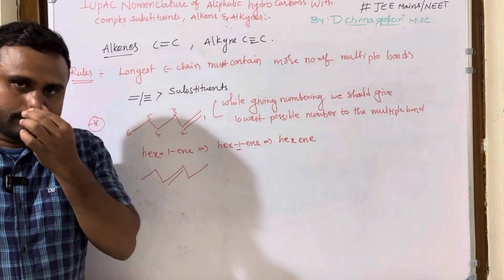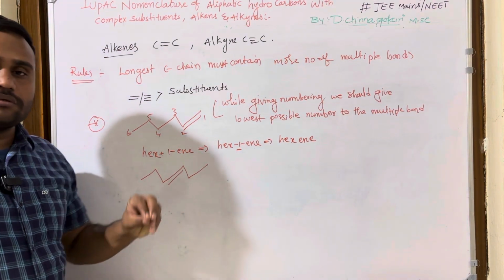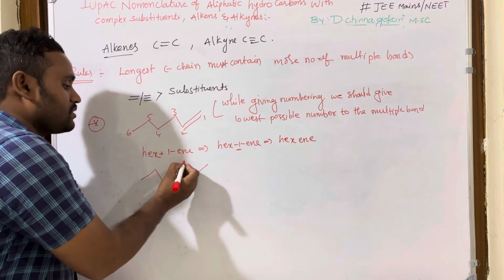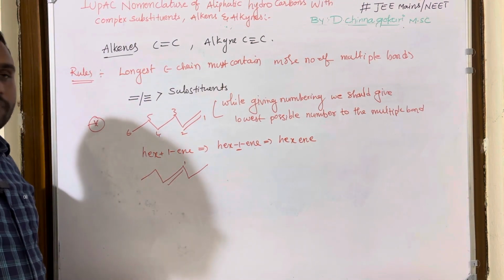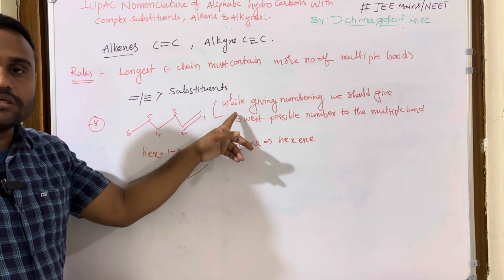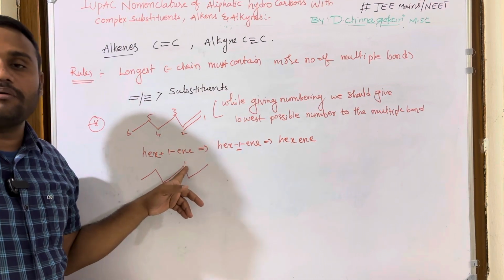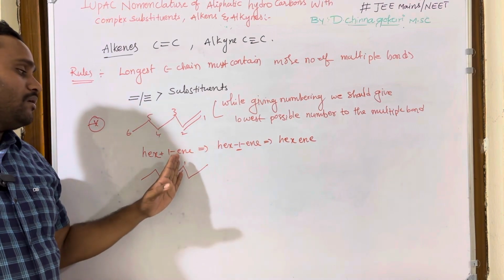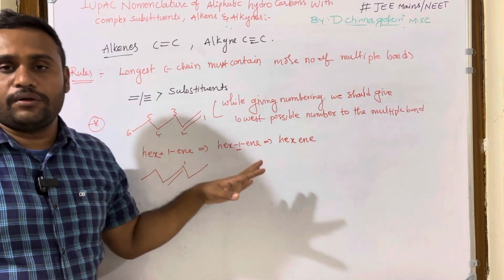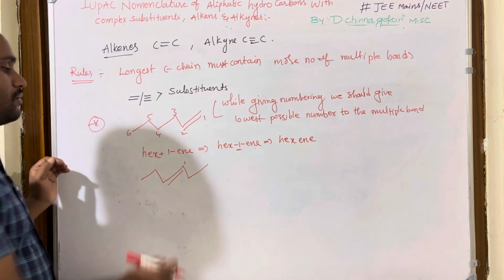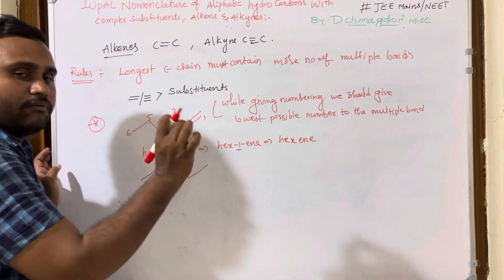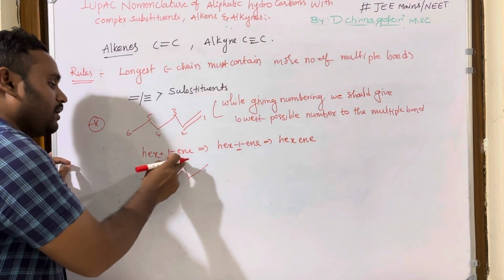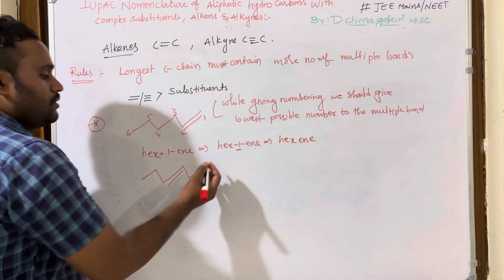Some people blindly start numbering from one end as 1, but this rule does not say it is compulsory to give number 1; it says we should give the lowest possible number, so we can start from either end.